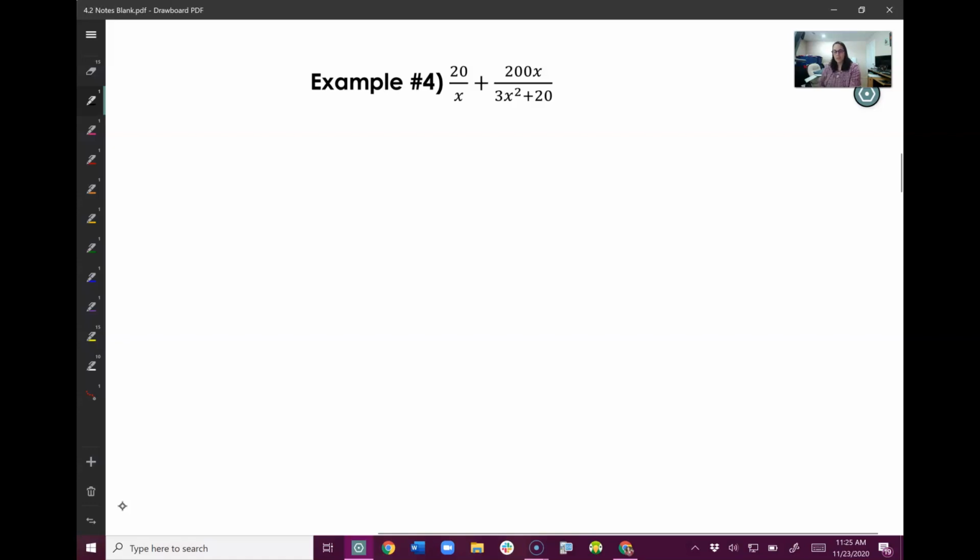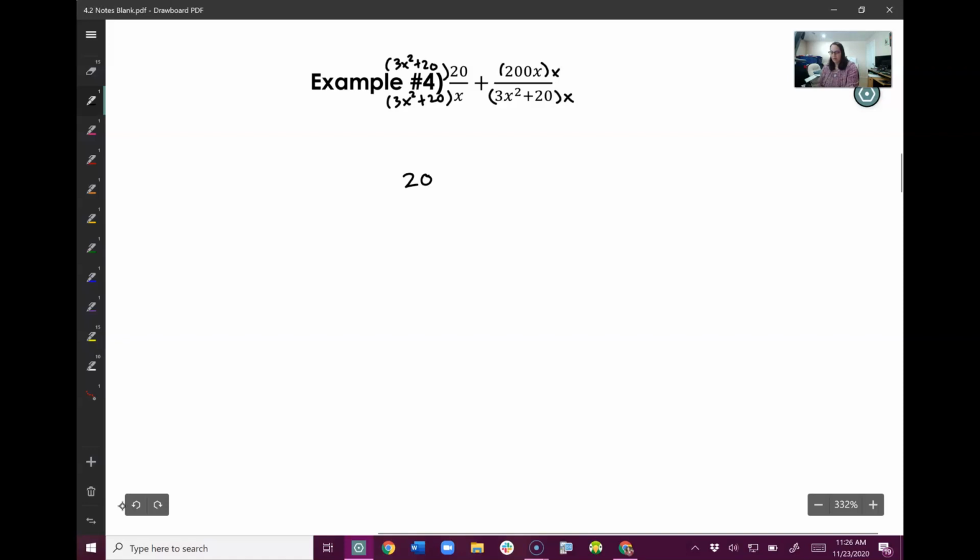So that means I just get to multiply by what's missing. So it looks like this side is missing an x, and it looks like this side is missing a 3x squared plus 20. And now the denominators are common. But remember, what I multiply to one side, I have to multiply to the other side.